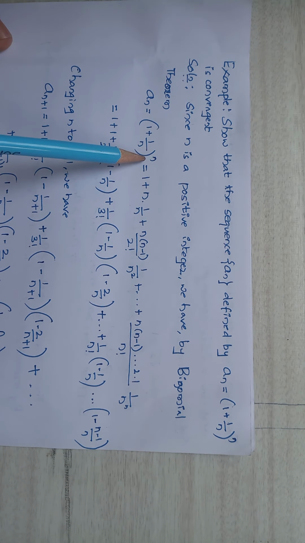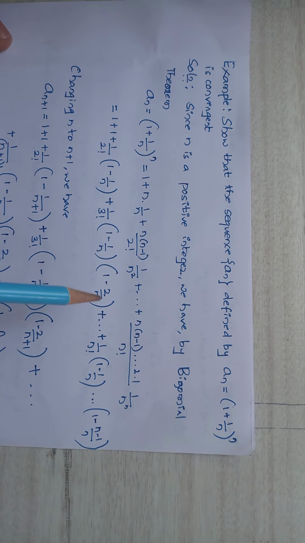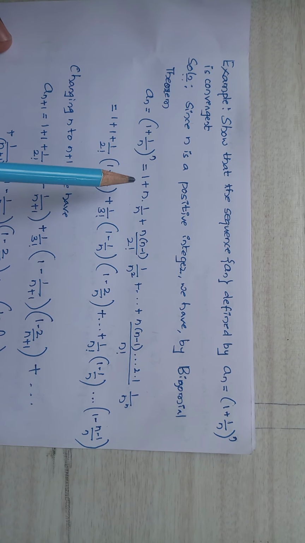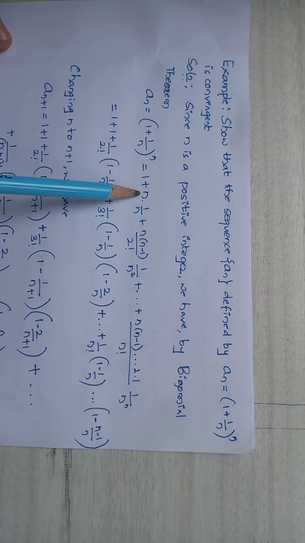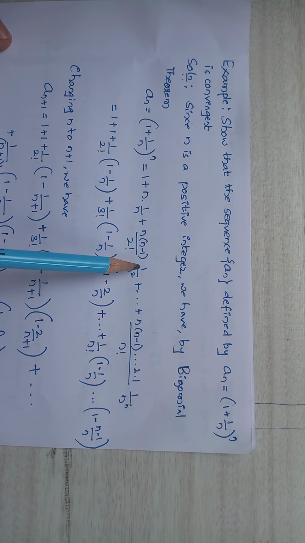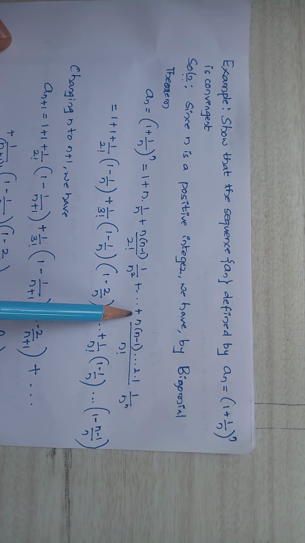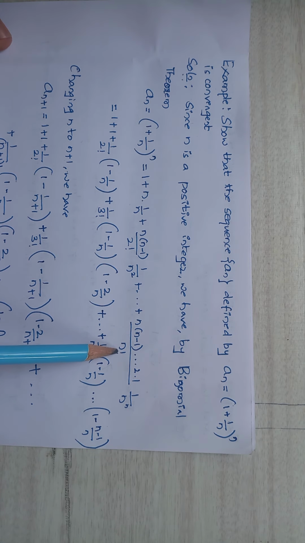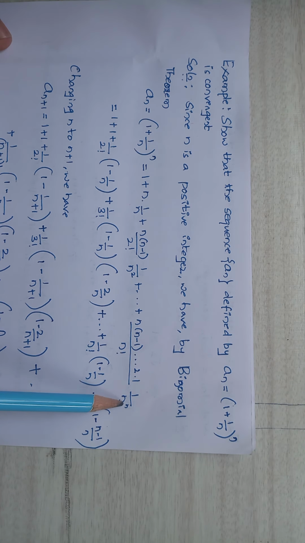So this can be written as nC0 plus nC1 (1/n) plus nC2 (1/n)^2 plus nC3 (1/n)^3, and so on, nCn (1/n)^n. So that can be expressed as 1 plus n into 1 by n plus n(n minus 1) divided by 2 factorial into 1 upon n square, and so on, n(n minus 1) up to 1 divided by n factorial into 1 divided by n to the power n.